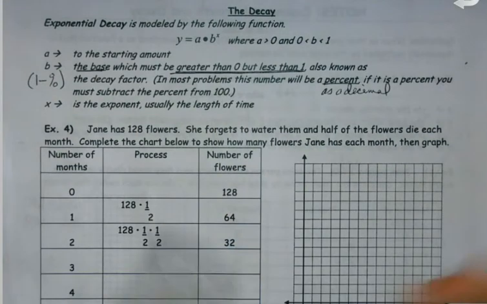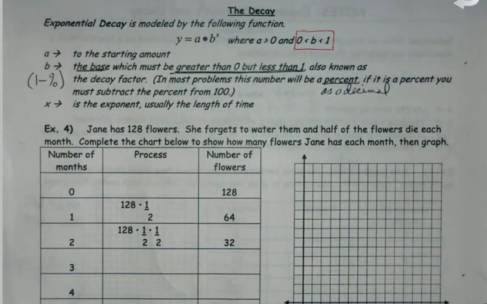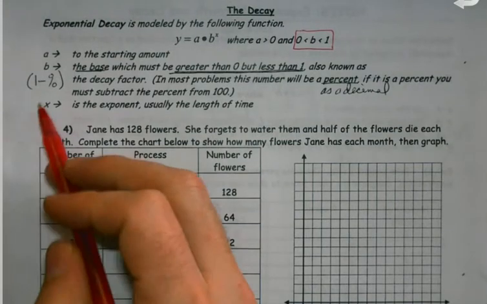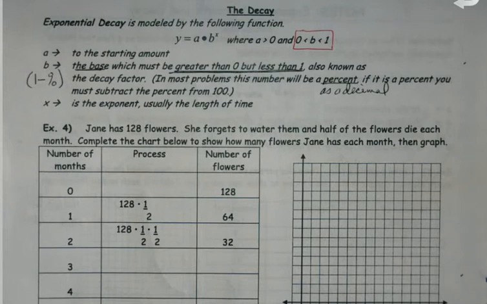Now, my b value is a fraction somewhere between 0 and 1, or it might be a decimal between 0 and 1. So now when that happens, instead of doing plus the percent decay, I'm going to do minus the percent. So everything else is the same, except now I'm doing minus instead of plus, basically.